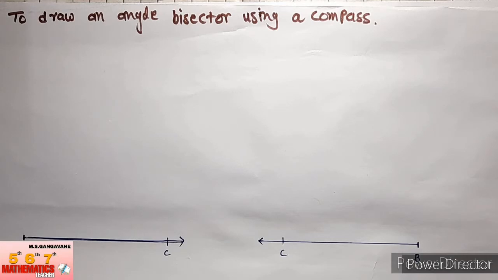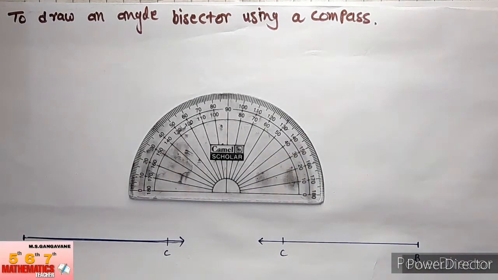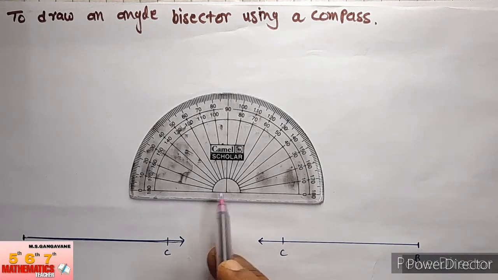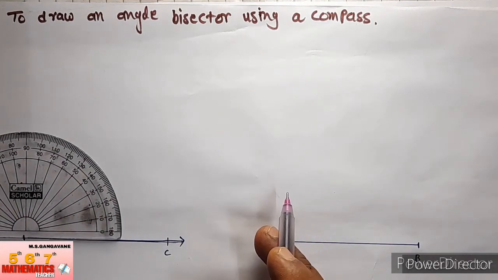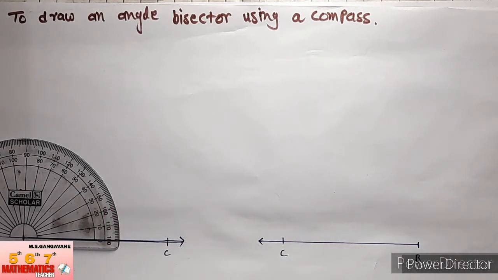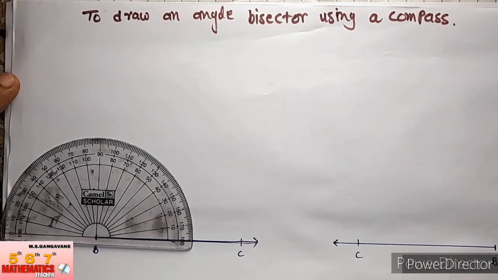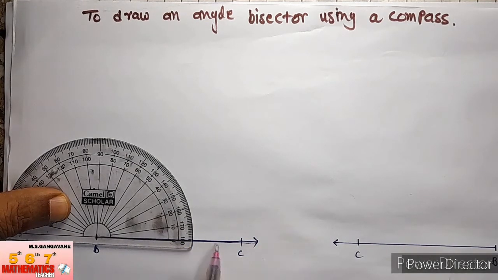Okay. Now use the protractor. You know it is the protractor. We got the information previous time. It is the center point and it is the baseline. Now the center point exactly on B, and the baseline exactly on BC.